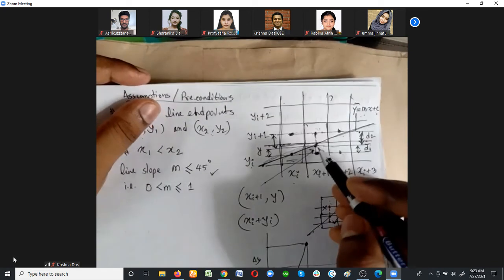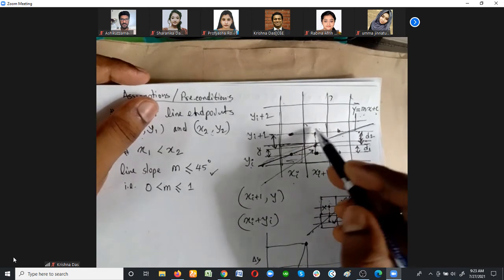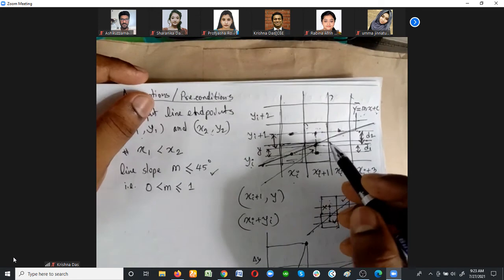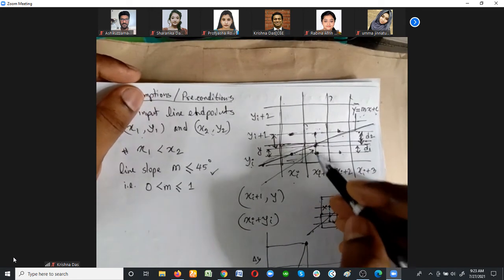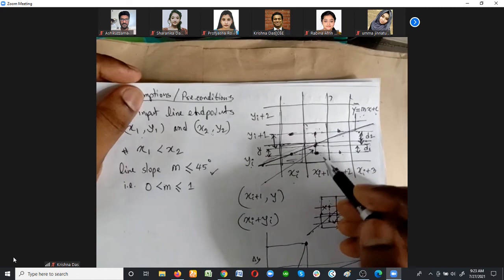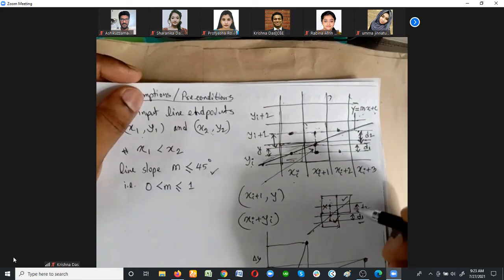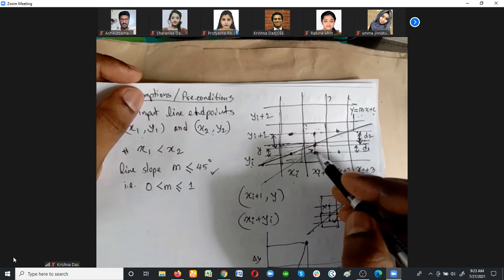Now the algorithm starts to work on the complex part. For the next pair, there are 2 pixels. Which one should I take? According to our perception, and according to the distance, we can assume that we take the lower one, because most of the line is going through that pixel.